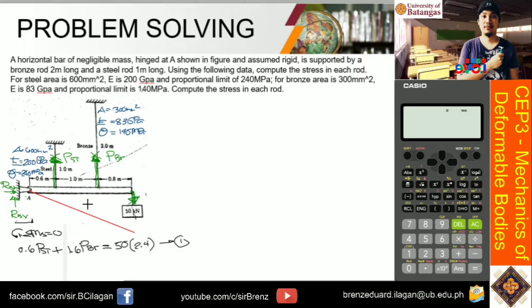Ayan. So because of that 50 kN, nagkaroon tayo ng deformation. Bumaba yung steel, yung horizontal bar. Okay? So pagbaba niyang ganyan, so ito na yung 50.